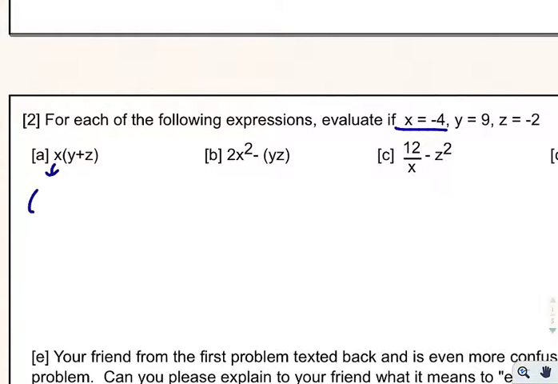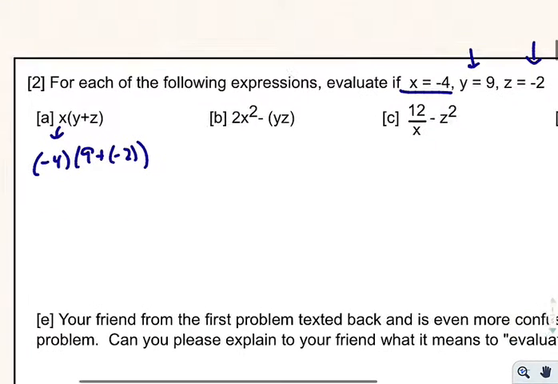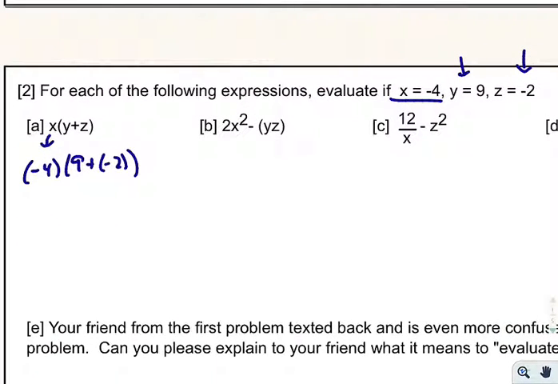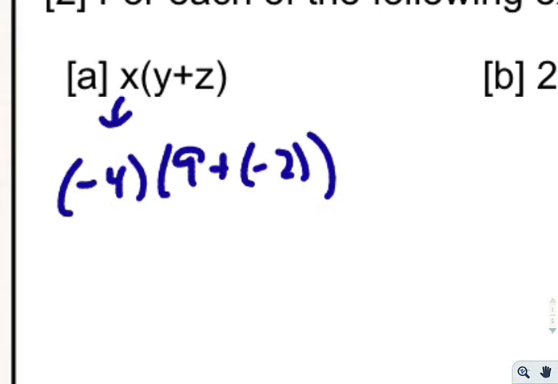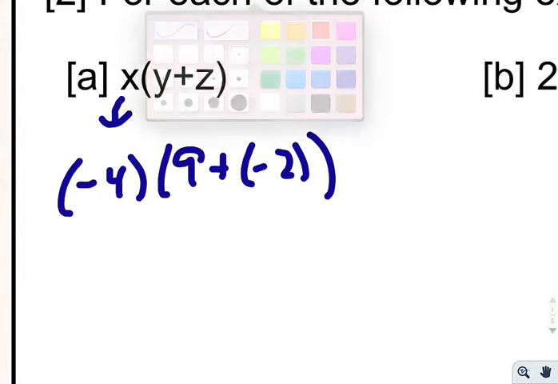So instead of the x, I'm going to write a negative 4. We have this y plus z. Y is equal to 9, z is negative 2. So we're going to have a 9 plus a negative 2. So we just did a replacement of the x, y, z's over here, which will be kind of standard fare for all four problems. Now it's just a matter of working it out.